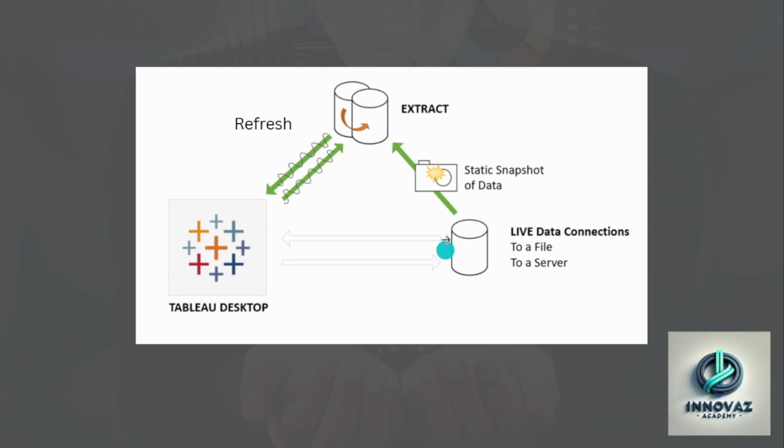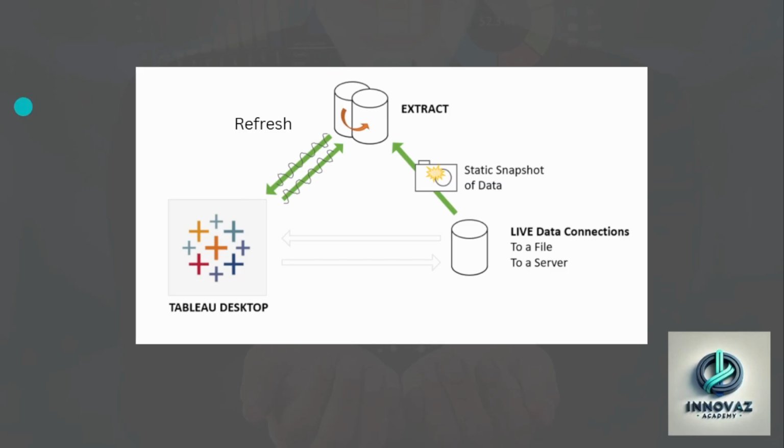Those newly added records will not impact my local copy. In order to get the updated data, I have to perform a refresh. When I click on refresh, Tableau will again communicate with the database, again extract the data, and again create another copy in my local machine. So this is the way Tableau gets the updated data.